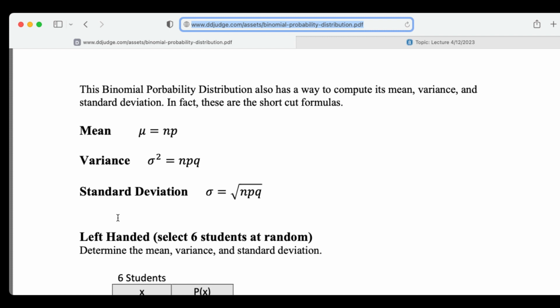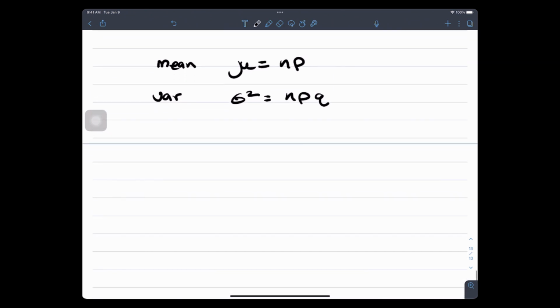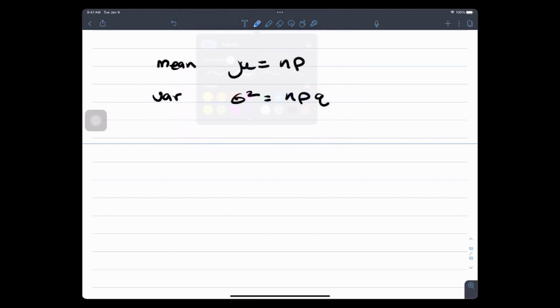It's npq. Remember that from yesterday? What was q? q, ladies and gentlemen, is the complement of p, so that's 1 minus p. So I want you to know you can use np(1 minus p) for variance.